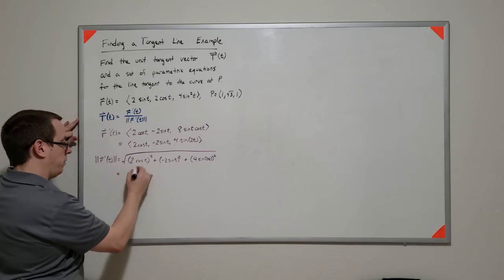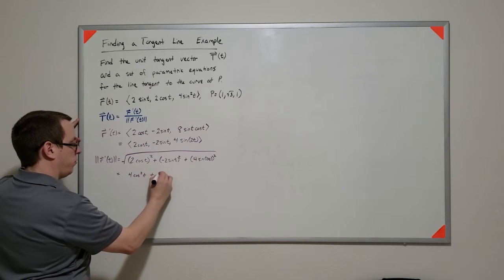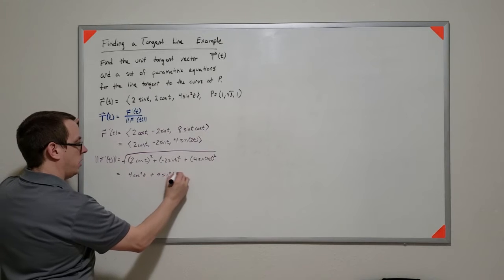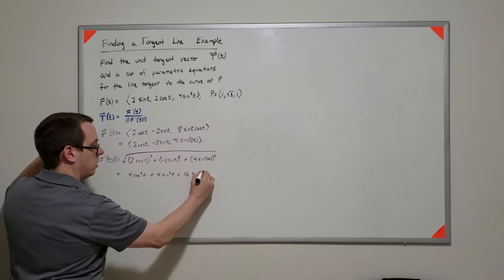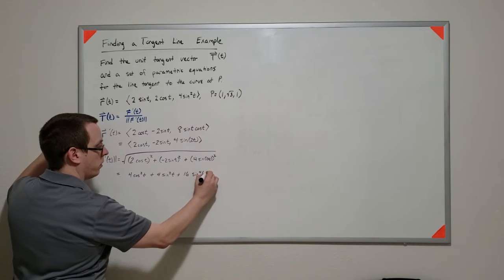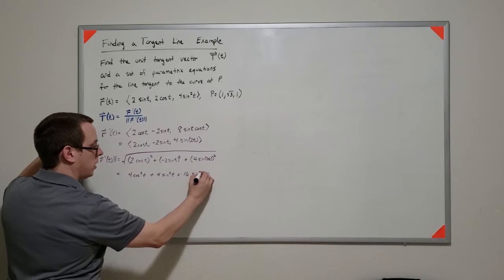That gets me 4 cosine squared t plus 4 sine squared t plus 16 sine squared 2t.